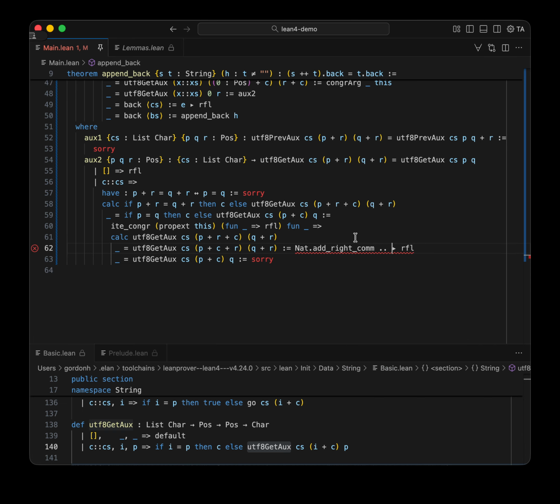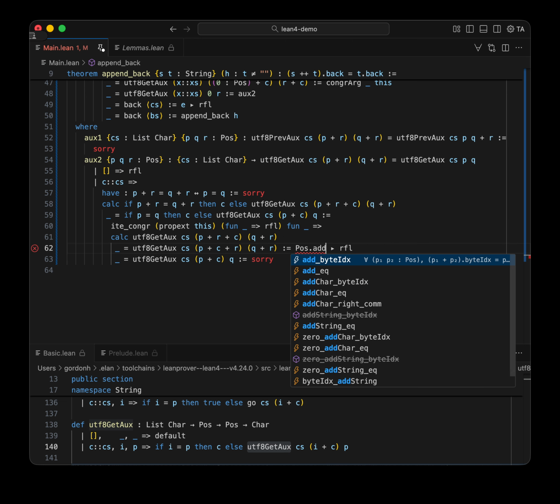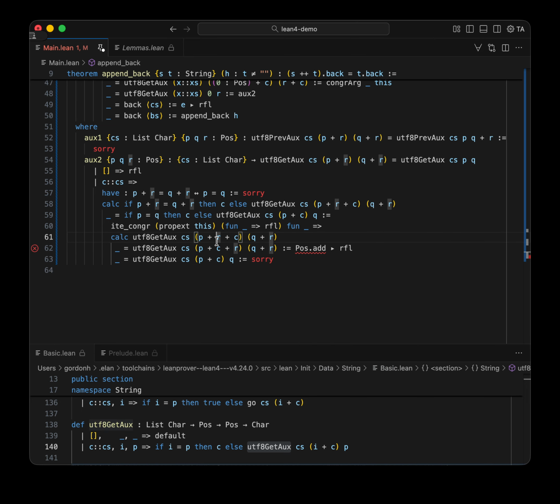Still wrong. What is it? Why is it? Okay, I know why. These are additions for... maybe Pose has it. Let me see. Add character commute. Man, but R is not a character.